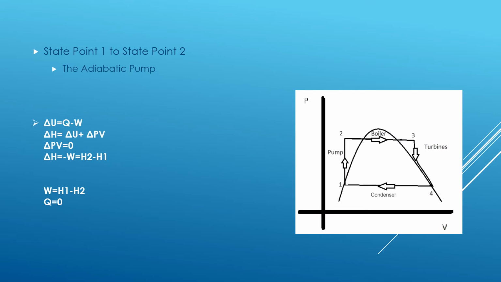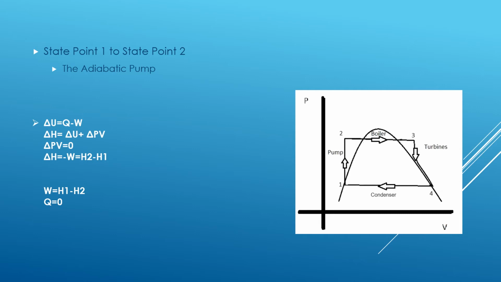The first process we'll be looking at is the pump, which is from state point 1 to state point 2, and this process is also known as being adiabatic because the heat in or the heat out is equal to 0. Looking at our first equation, delta U is equal to Q minus W, and our second equation, delta H is equal to delta U plus delta PV.